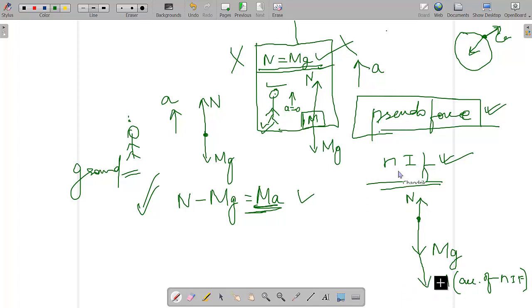So what you have to do is apply the pseudo force in the opposite direction of the non-inertial frame acceleration. Okay, see this. So basically what he is going to do is he is applying normal contact force upwards, mg downwards, and m into the acceleration of the elevator downwards.